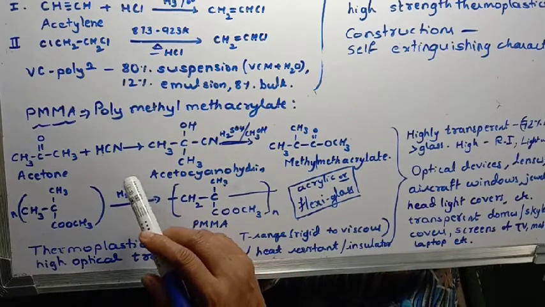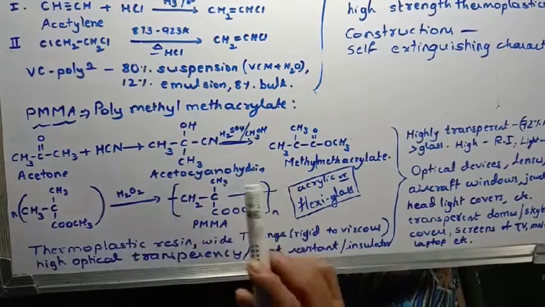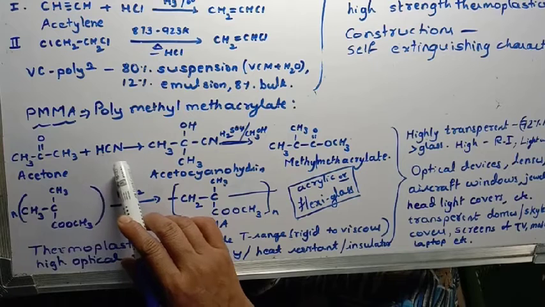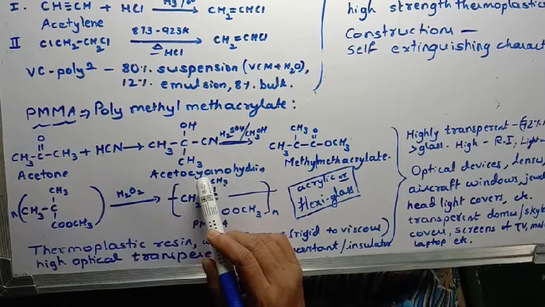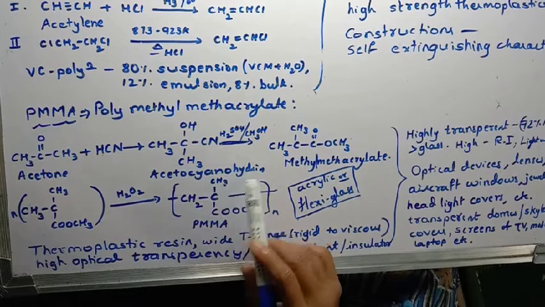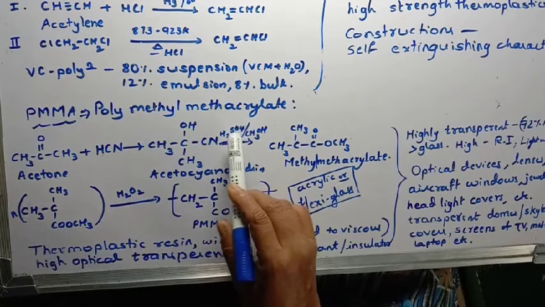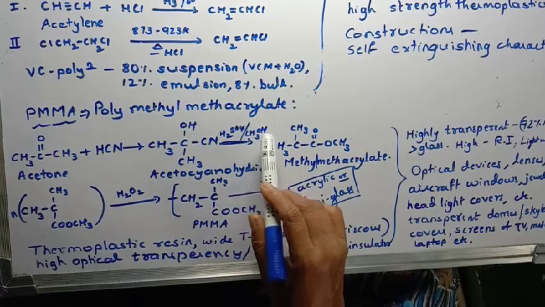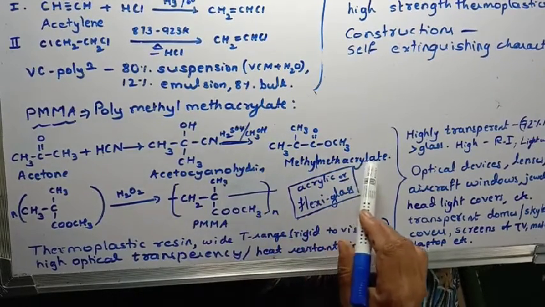Now here also it is necessary to know the preparation of the monomer. In this case, acetone is taken and made to react with hydrogen cyanide, HCN, and it gives acetone cyanohydrin. When that is heated with H2SO4 and then CH3OH, it gives methyl methacrylate.